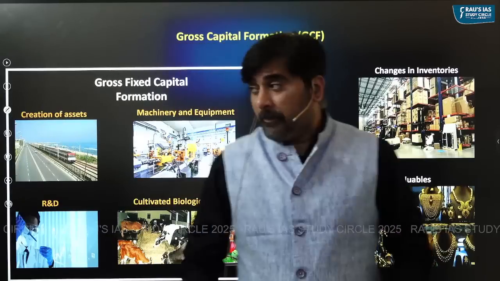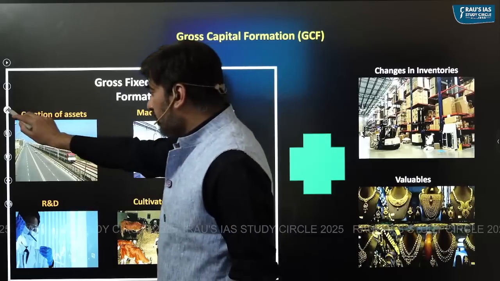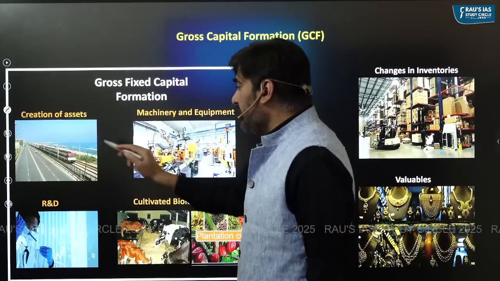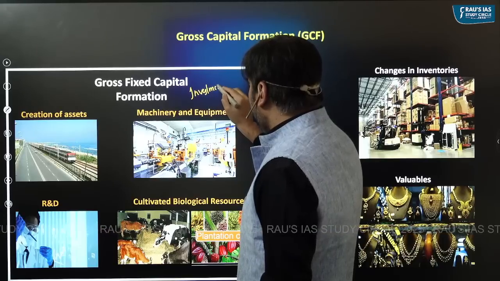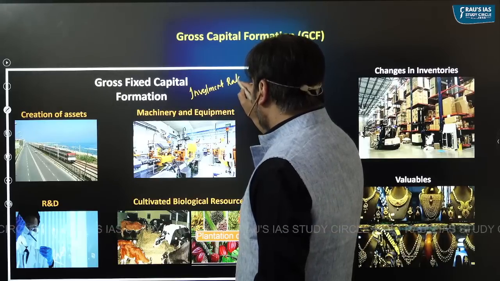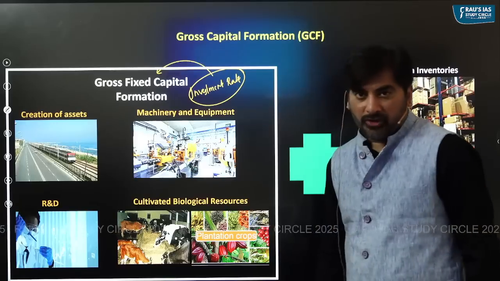With respect to gross fixed capital formation, most of you must have heard about the investment rate, right? So this investment rate itself, we call it gross fixed capital formation.